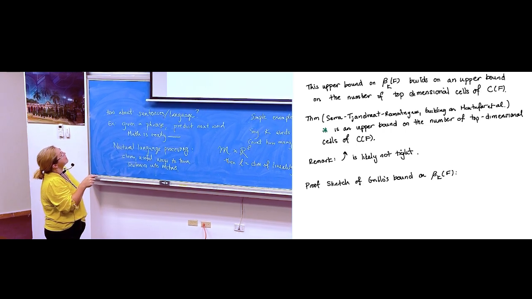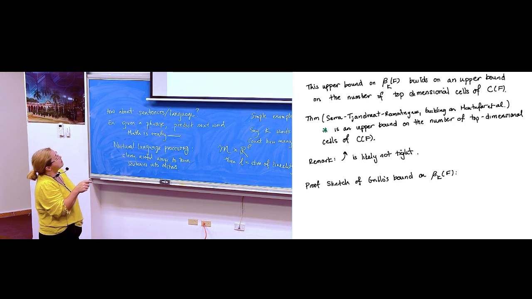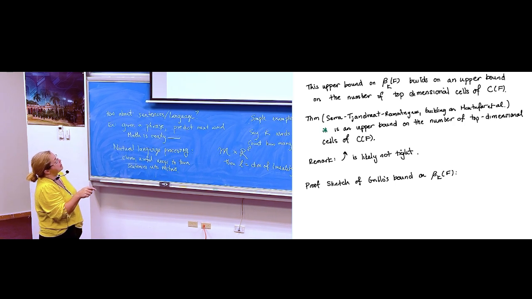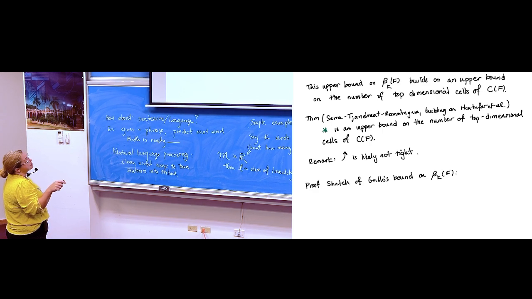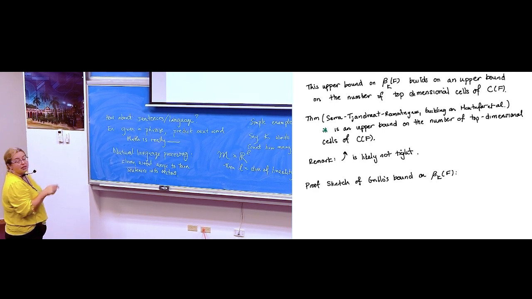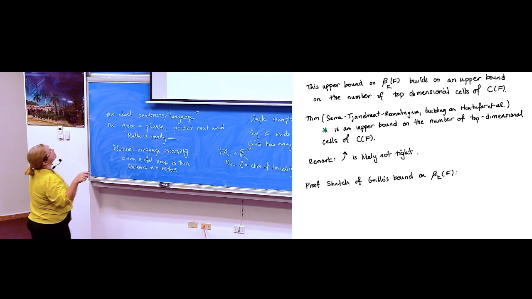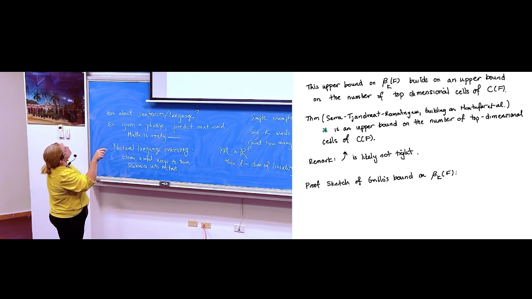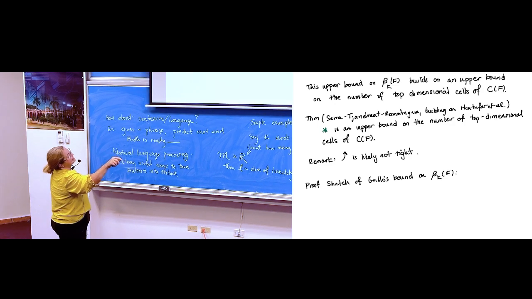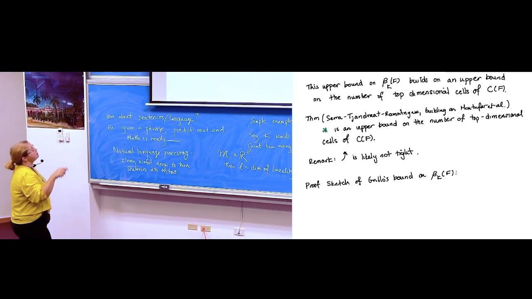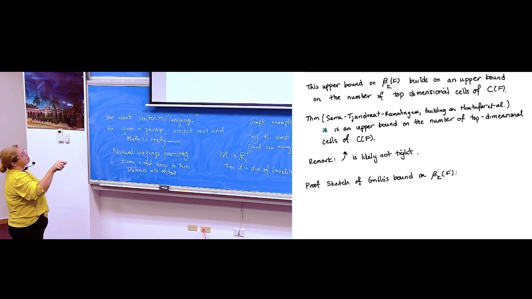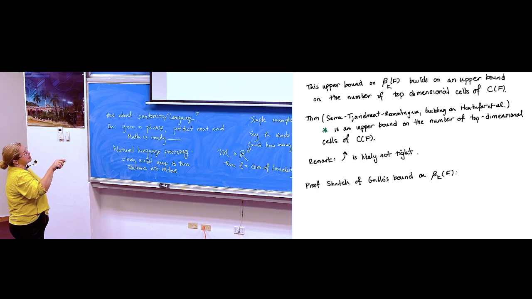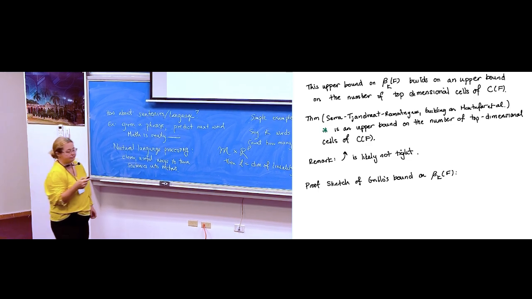This upper bound is built off of an upper bound proven by a different collection of people that bounds the number of top dimensional cells in that polyhedral complex. A theorem, due to this list of authors, which in turn builds on other work, says that the quantity I called a green star is an upper bound on the number of top dimensional cells of that polyhedral complex.